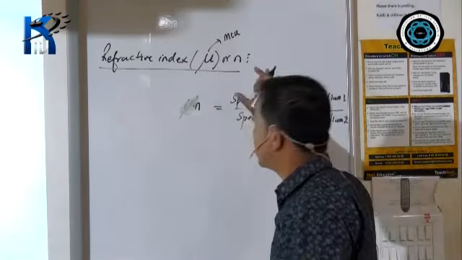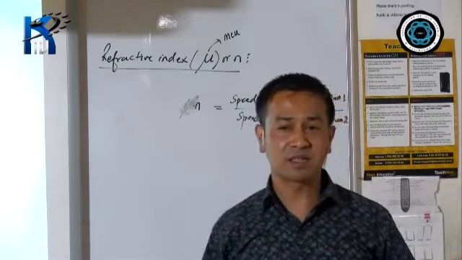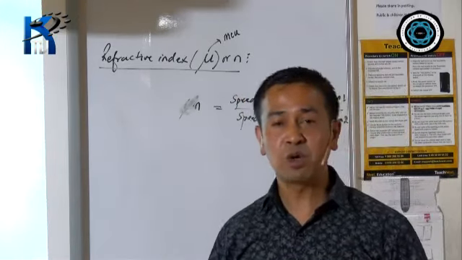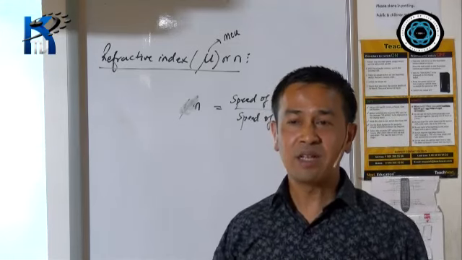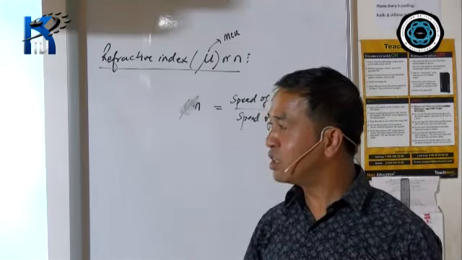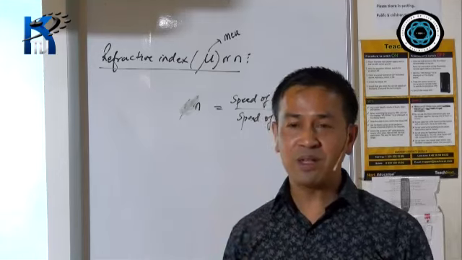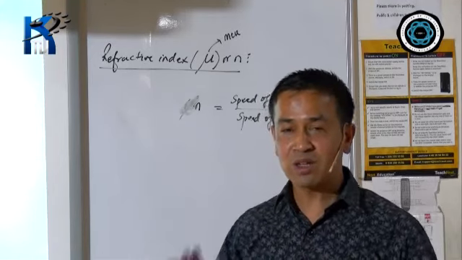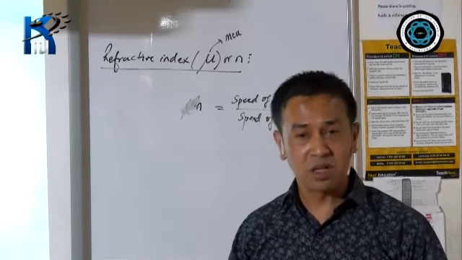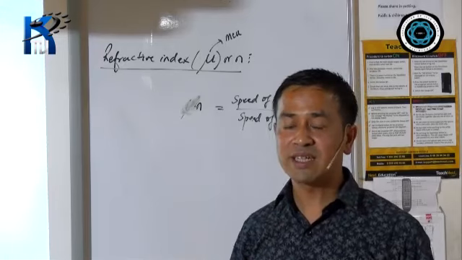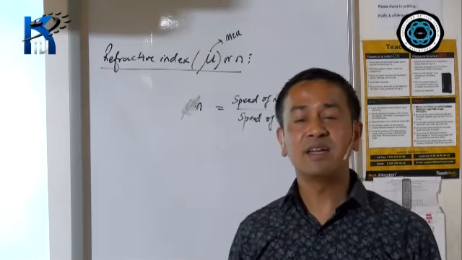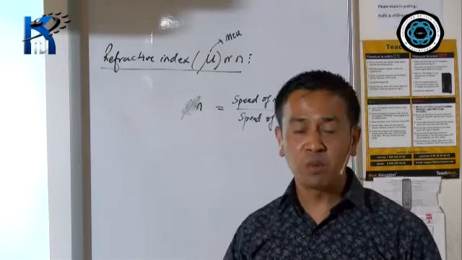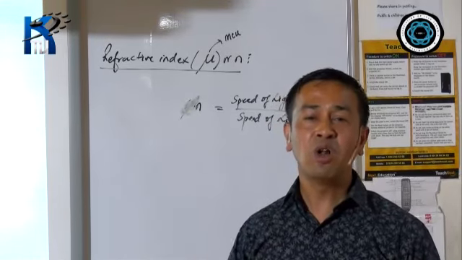Now, taking this into consideration, Willebrord Snell formulated a very important law that is called the laws of refraction. These are two laws that you know very well. So let me tell you what the two laws of refraction of light are. The first law, as you know, says that the incident ray, the refracted ray, and the normal at the point of incidence all lie in which plane?